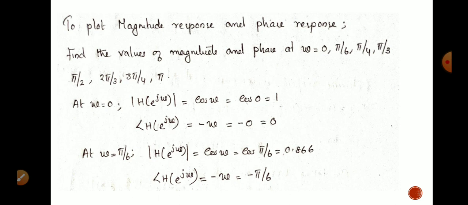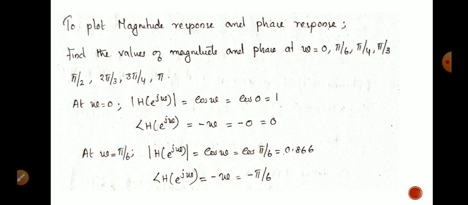Here we take the values of omega as 0, pi by 6, pi by 4, pi by 3, pi by 2, 2 pi by 3, 3 pi by 4 and pi. On substituting the values of omega in magnitude and phase, we get magnitude values and phase values to plot the magnitude response and phase response of the system transfer function.